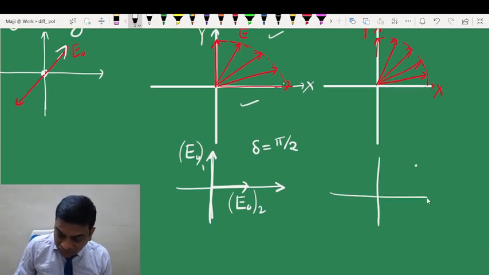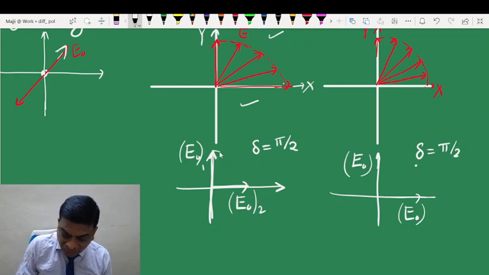Now similarly, suppose you have two different linearly polarized lights, one along the x-axis and the other along the y-axis. Both have equal amplitudes, and their phase difference is exactly 90 degrees. Then you will get circularly polarized light.